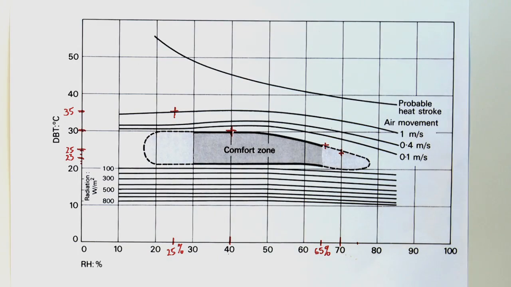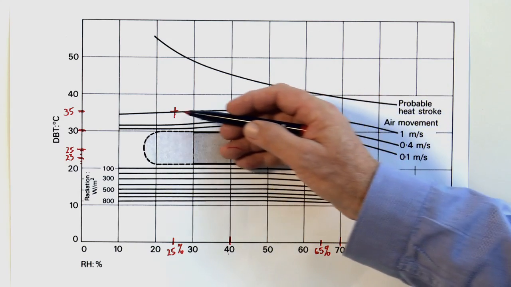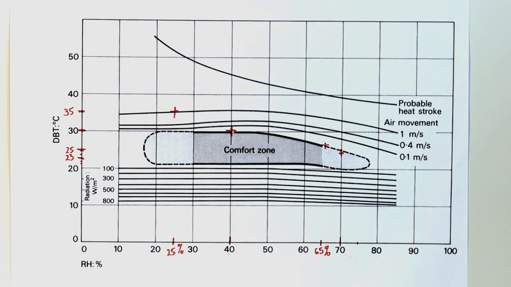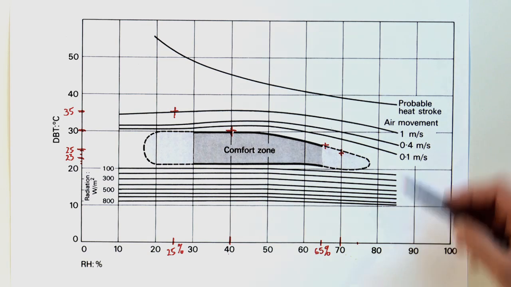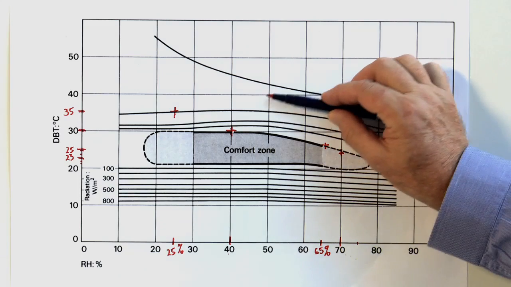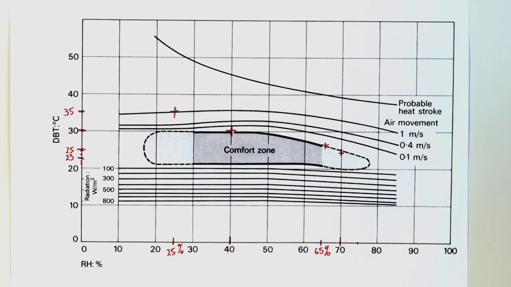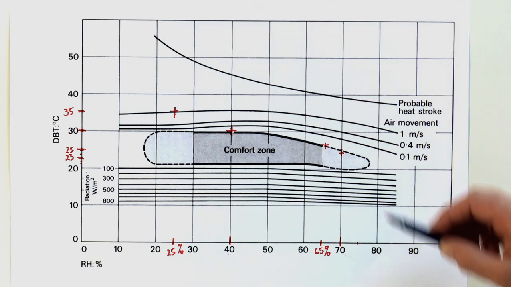But this is the beauty of the bioclimatic chart. It tells us how we can achieve a comfortable condition. By introducing air movement, we can pull the temperature down to a comfortable temperature, the comfort zone.